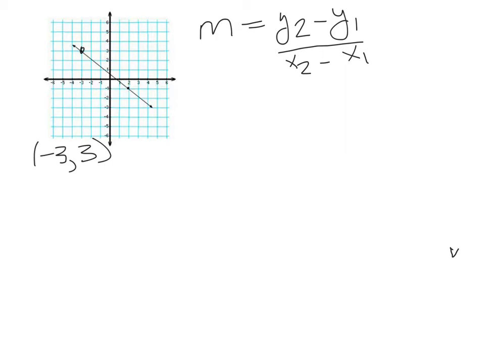This point has coordinates of +2, -1. And I'm going to put those coordinates into my formula. Now, one of the things that I'm going to do is I'm going to label my coordinates so that I can make sure they match up correctly with the things in my formula.